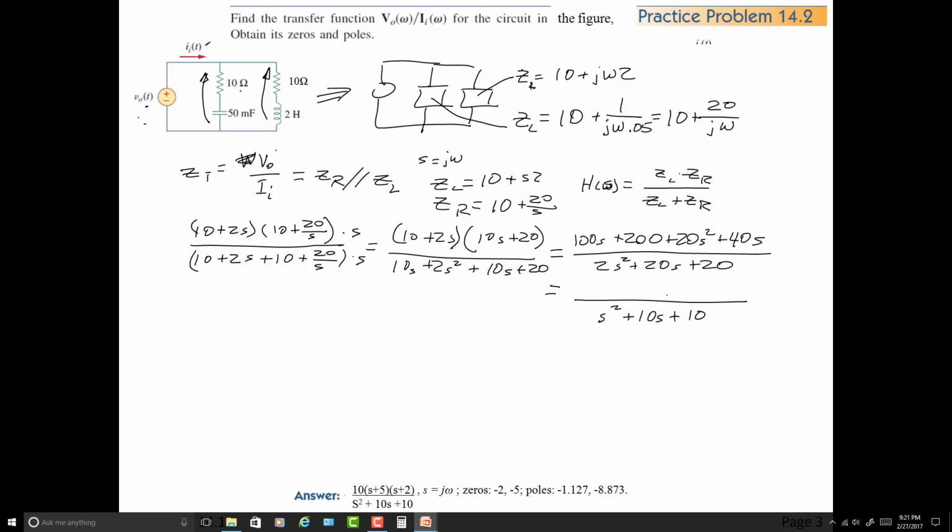And then on the top, I'm going to pull the terms together. So everything is individual except this 100 plus 40. So 140s, and I'm going to divide it by 2, so that's 70s. And in fact, I think I'll pull out a 10 as well. So 10 times 7s, you see where I'm headed.